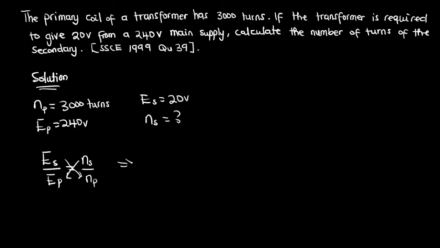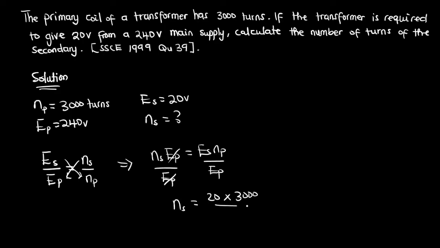So this will give me NS EP is equal to ES NP, right? So I divide both sides by EP. So this will cancel this. So the number of turns in the secondary is equal to my ES, which is 20 volts, multiplied by the number of turns in the primary, which is 3000, over the EMF in the primary, which is 240.